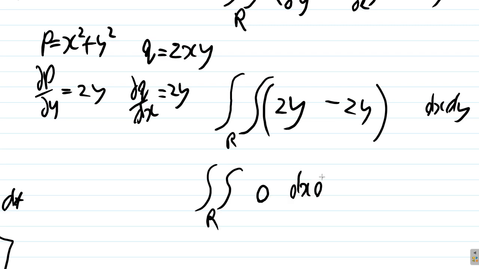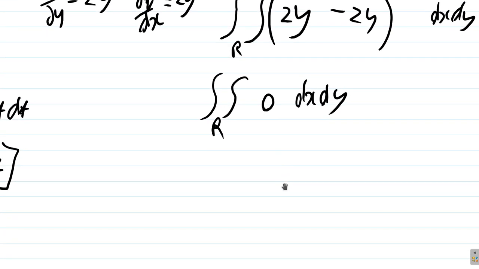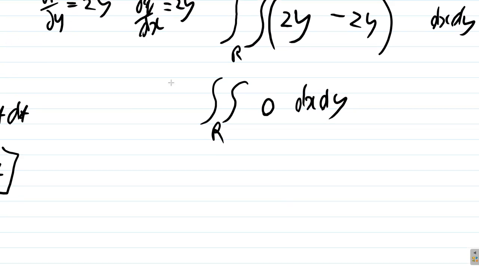dx dy. But when you do the first integration and you integrate 0, what do you get? You get 0, right? Because when you do the dx part here, it is 0 times x to the 0. x to the 0 is 1, it's 0 by 1. And then we add 1 to 0 to get 1.